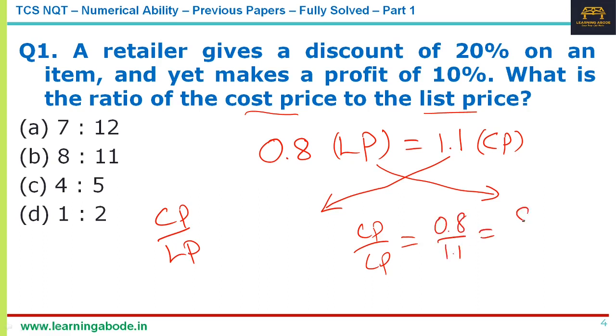If you remove the decimal, it is 8 by 11. That's answer option B. There are many other techniques, but I don't want to confuse you at the very beginning of the video, so I'll move on. The answer for this question is option B, 8:11.